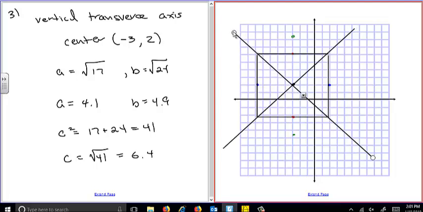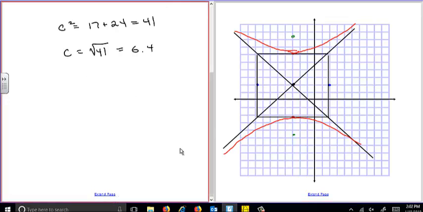Now, as far as sketching this, start at the vertex, go over here, approach the asymptote, go the other way. Try to be as symmetric as possible within your drawing skills. Okay, so there we go. So let's go back over and figure everything out.